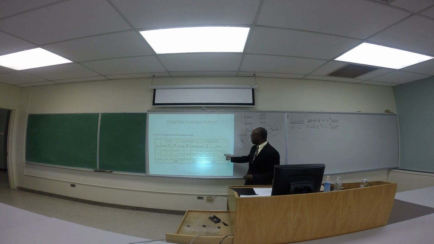So we compute the average and came up with $356.67. That is the average at that point in time. If we were to determine the cost of goods sold or the ending inventory, we use that weighted average cost per unit to determine those two issues. So that is the conclusion of part 2 of this presentation.